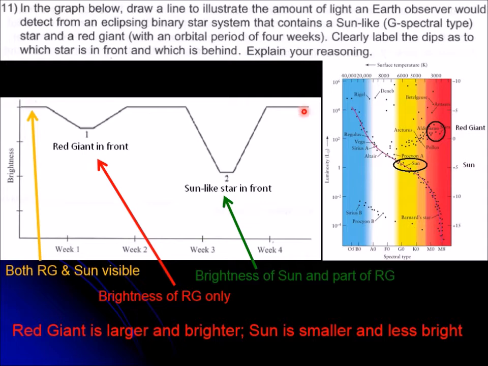And here there is some dip, but not as much as here. In this case, it is when the sun is in front of the red giant, and here is when the red giant is in front of the sun. So there is a reduction, but not as much as in this case, because the sun would be blocking a lot of brightness from the red giant and replacing it by a dimmer area with the intensity of the sun.